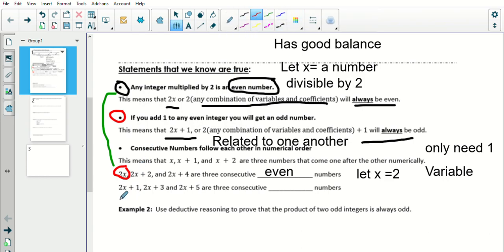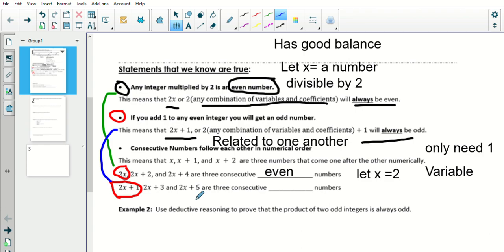Let's take a look here. I'm given my base number is 2x plus 1. If we draw our line right here, that is the definition of an odd number. So 2x plus 1, 2x plus 3, and 2x plus 5.